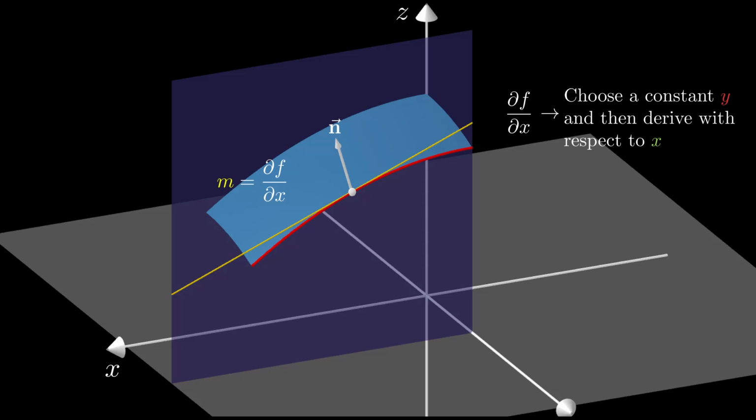And what are we doing here? We're doing exactly that, because this plane represents a constant value of y. This is a plane that is y equal to some constant. Then we have this line, and to find this slope we are taking the derivative with respect to x. So that's why this slope is equal to this partial derivative.